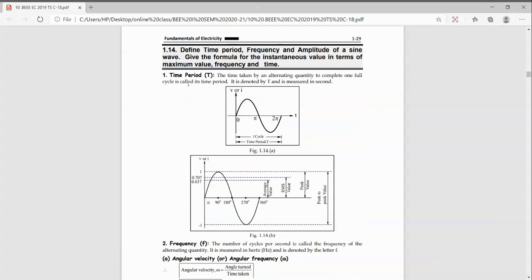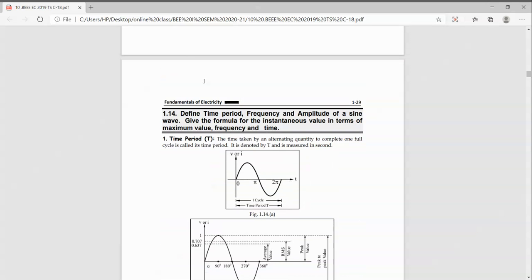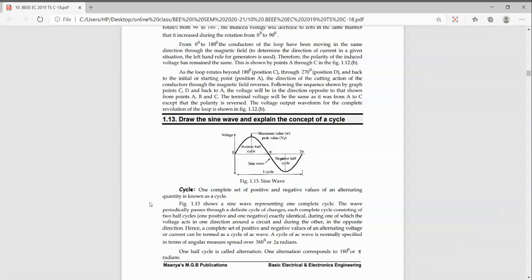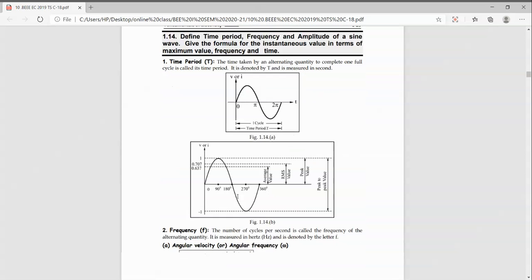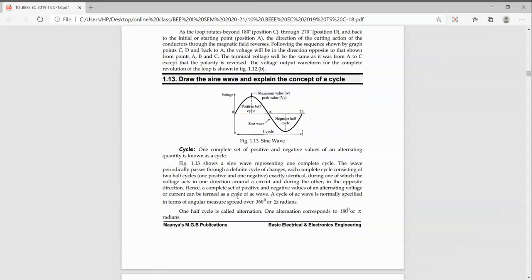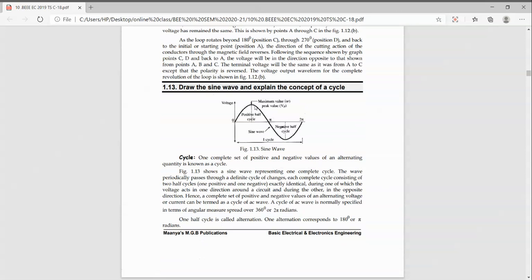Here we know that a cycle is one complete set of positive and negative values of an alternating quantity. That is known as a cycle. Here the cycle has a maximum value, which is also called the peak value, and this is a maximum negative value, that is the maximum negative peak value.